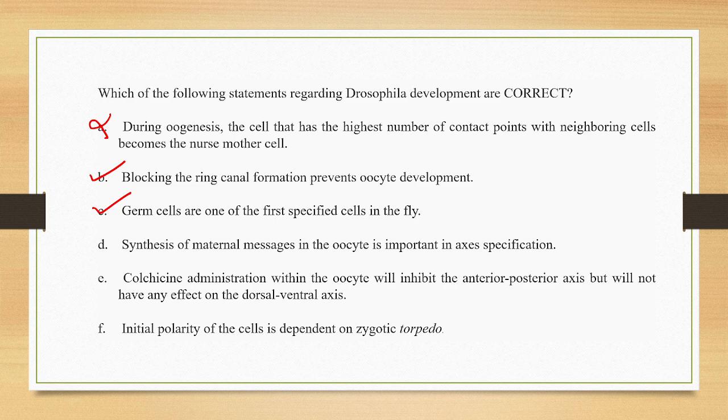Then, synthesis of maternal messages in the oocyte is important in axis specification. See, maternal messages do play an important role in axis specification, but this is not the only thing responsible for axis specification. Why? Because there are other regulatory processes that specify axis beyond just the maternal mRNAs.